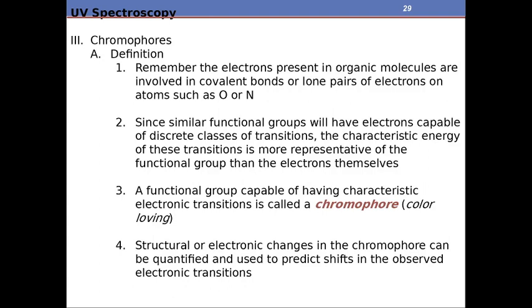The literal meaning of chromophore is color-loving system. So here the color-loving group is the functional group that undergoes electronic transitions.